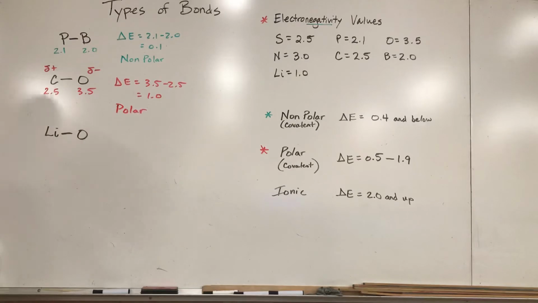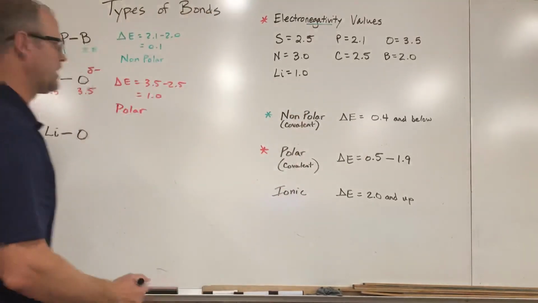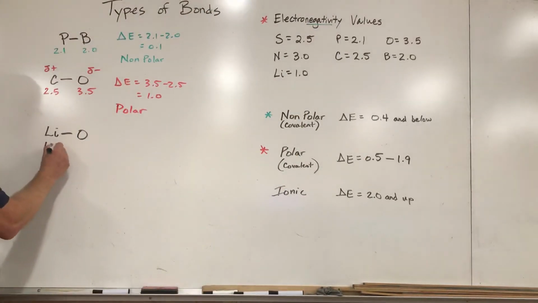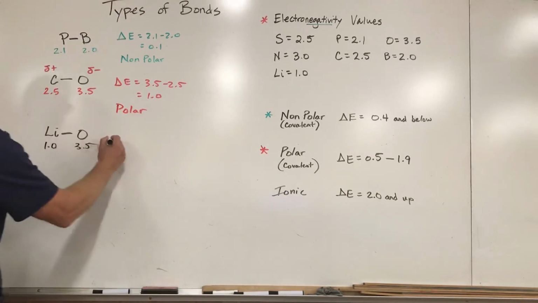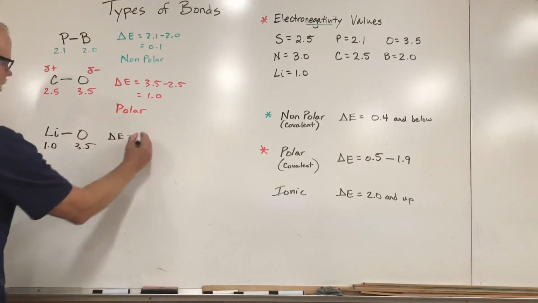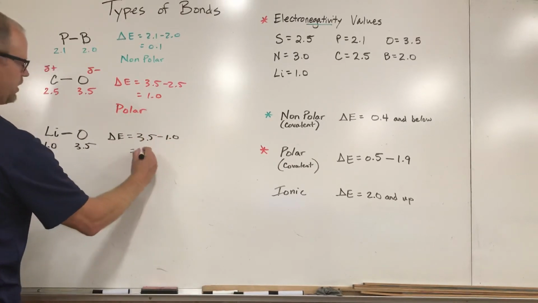And our last one here is lithium and oxygen. Now lithium has a really low number because it's a metal. It doesn't want to gain electrons in the first place. Okay, oxygen really does. So when I subtract those, I get 3.5 minus 1.0, and that's a value of 2.5.